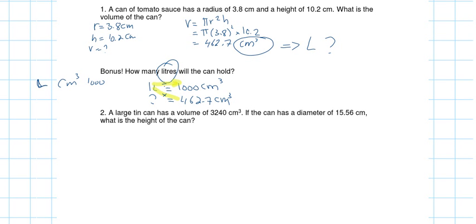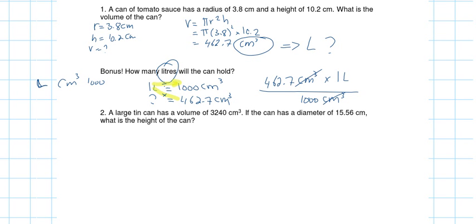So that means I am multiplying 462.7 centimeter cube times 1 liter, and I'm dividing by 1,000 centimeter cube. You see in this case, my units are going to cancel, right? Which unit am I left with?